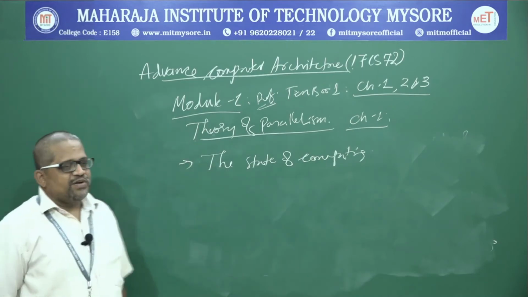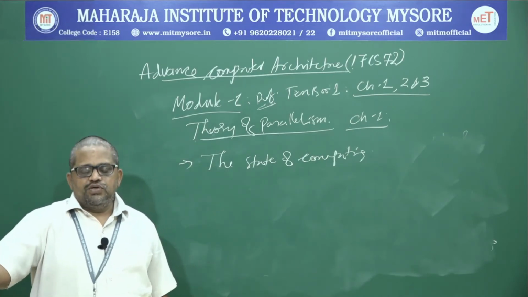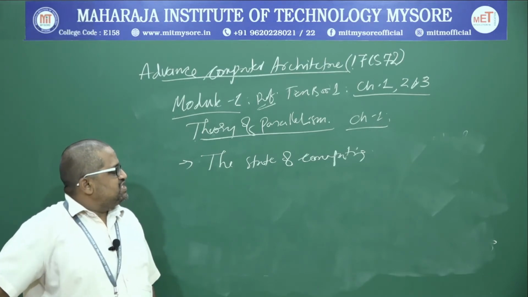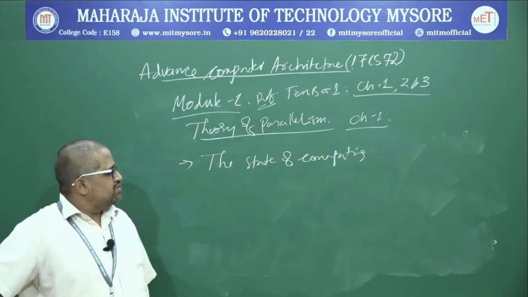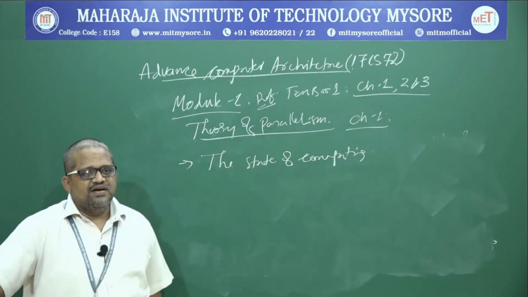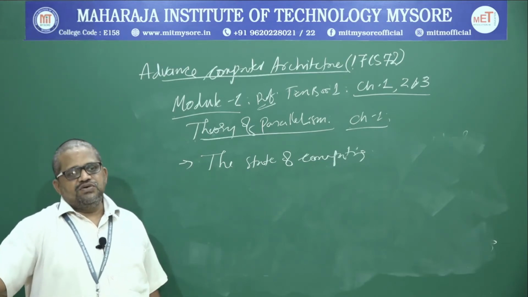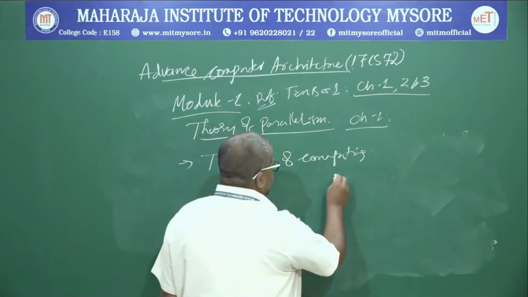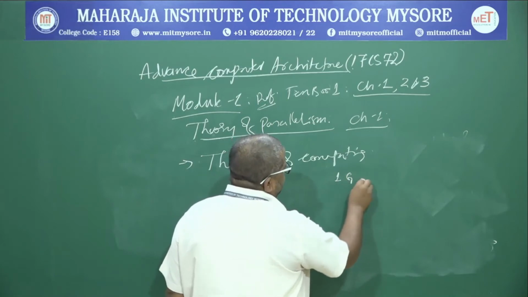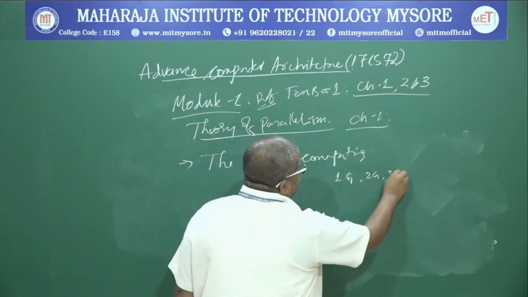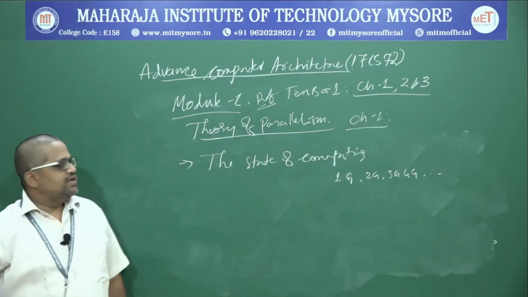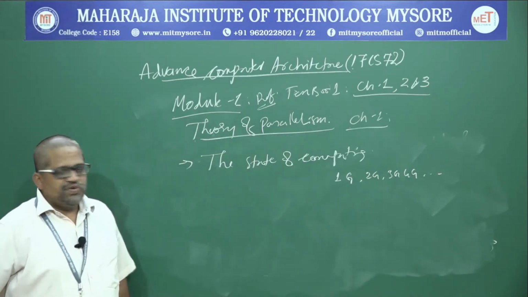When I say the state of computing, you are going to look into the history of computing. I think you would have come across this history of computing in your first semester C course. Do you remember your teacher telling you about 1G, first generation, second generation, third generation, fourth generation? The various generations in computing.